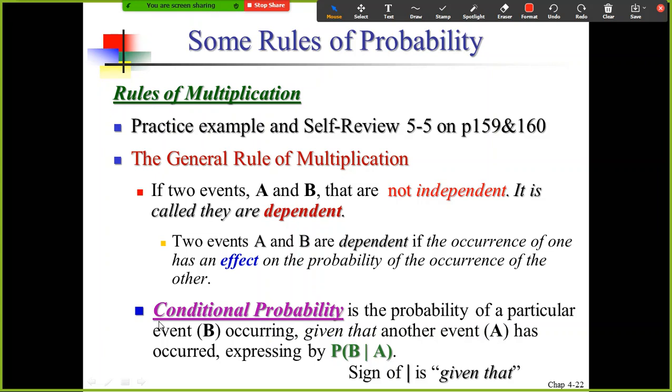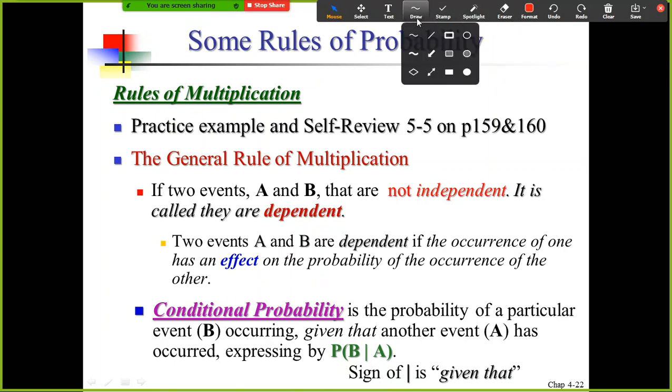Now, what is conditional probability? Conditional probability is the probability of a particular event B occurring given that, or under the condition that, another event has occurred.